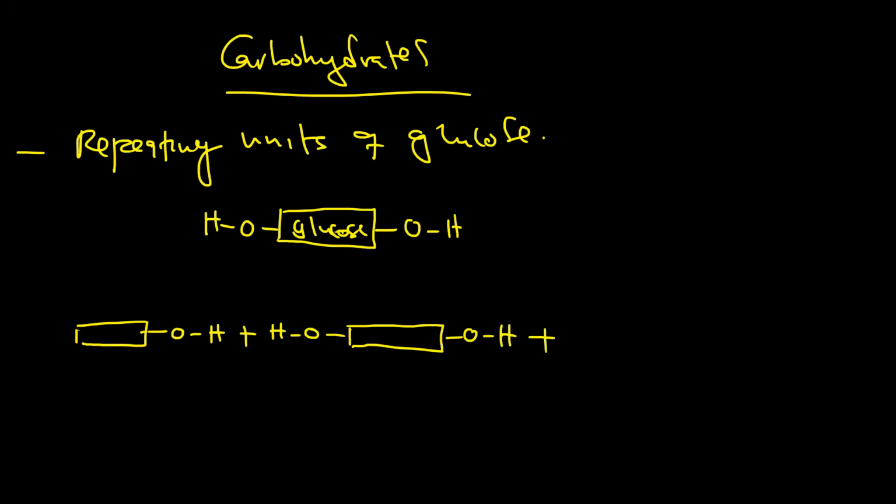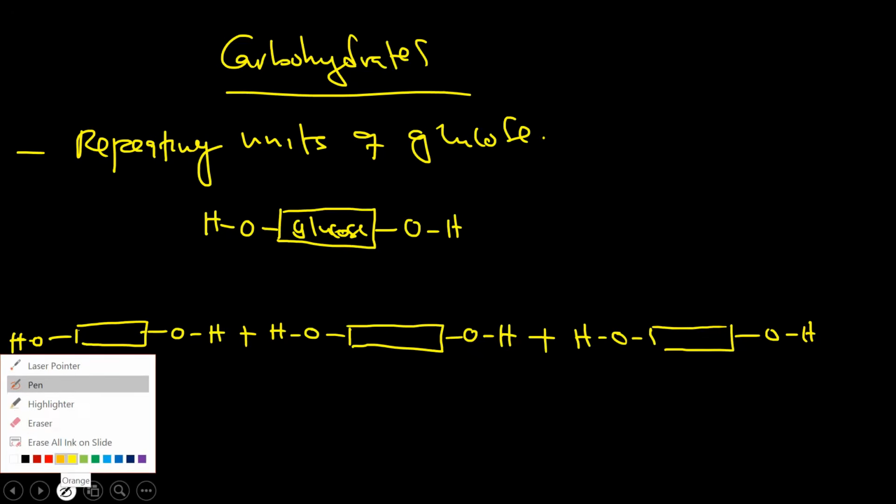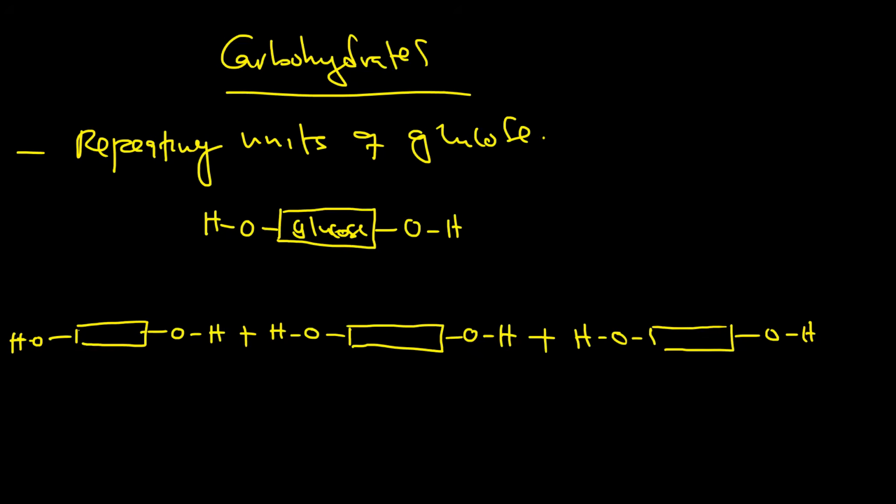So when you find this structure that I'm going to draw in an exam, just know that that is glucose. You will be able to identify carbohydrates easily. So now what happens? So here they join.